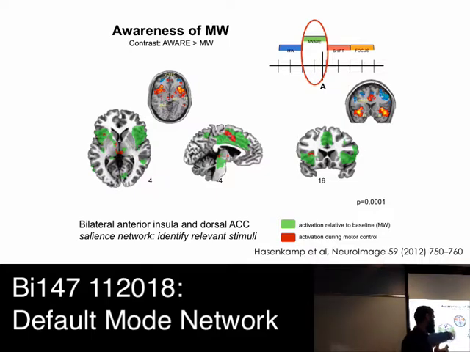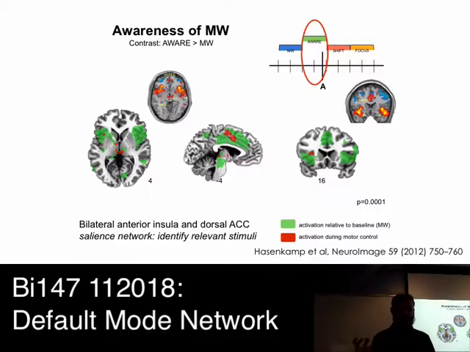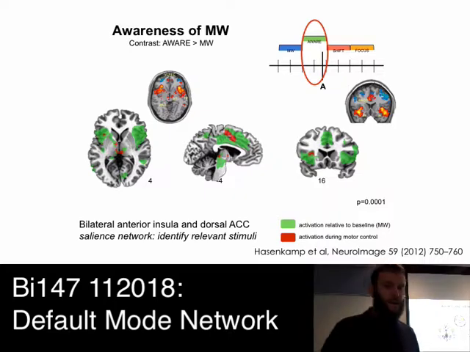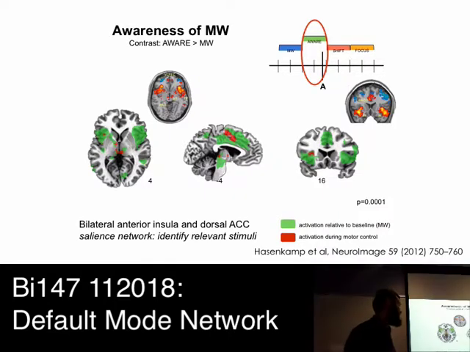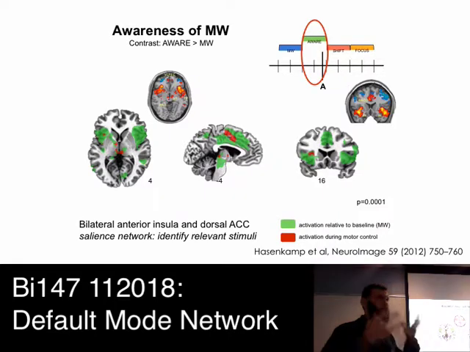It's all here in the insula, and then a little bit here along the midline, the parietal lobe. All right. So this is what they call the salience network.